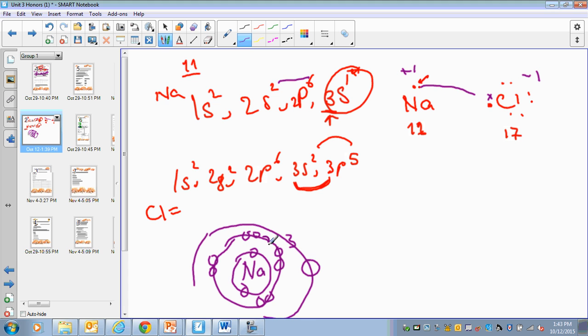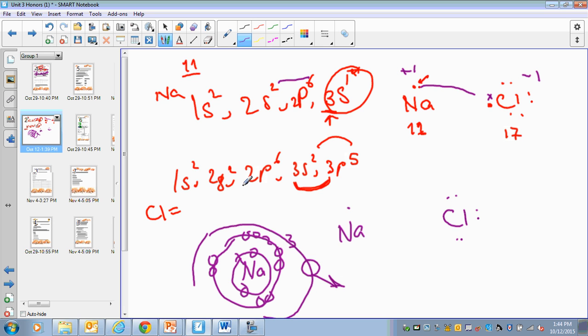So sodium has 1 valence electron, and chlorine has 7. It is hard for sodium to gain 7, because nobody will give 7 to sodium to make sodium happy. So sodium is going to lose that electron.